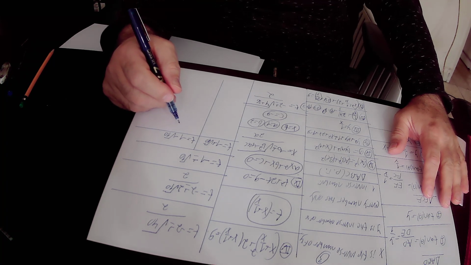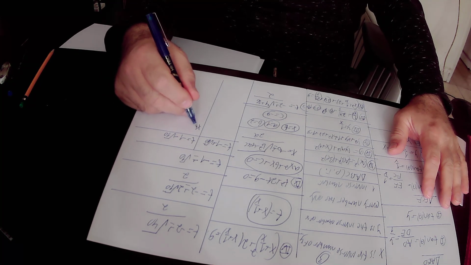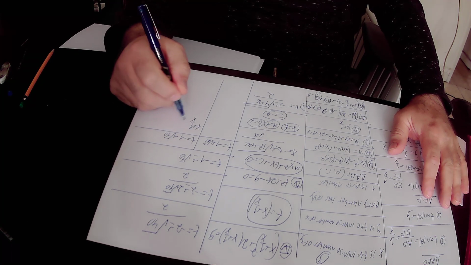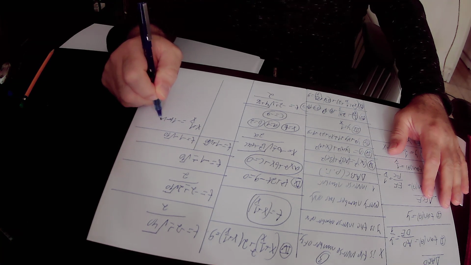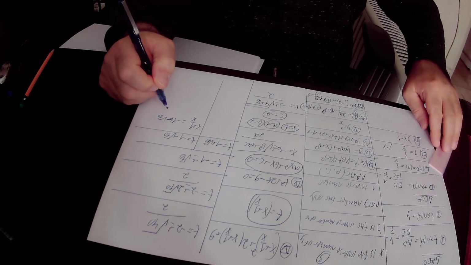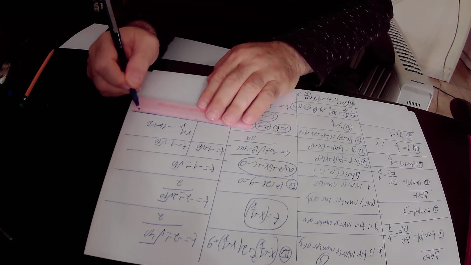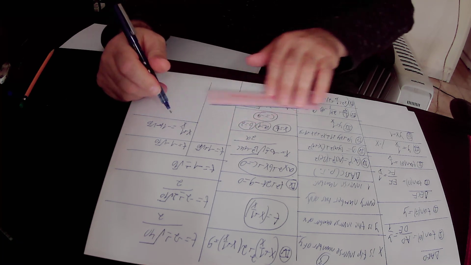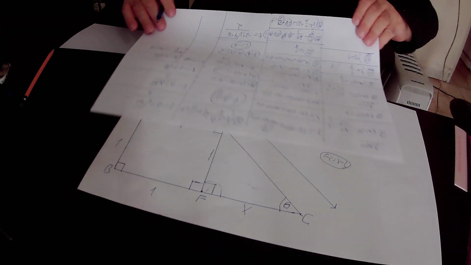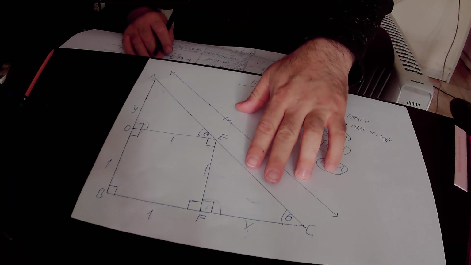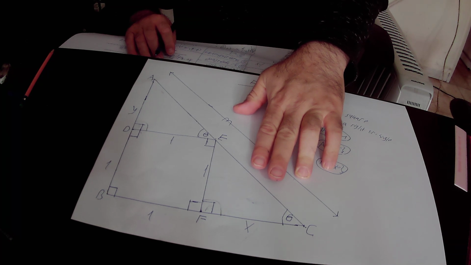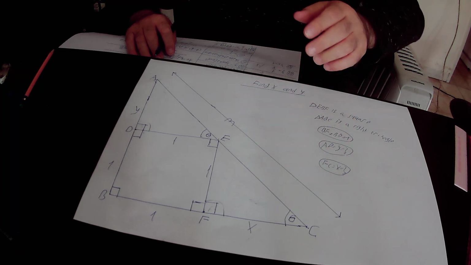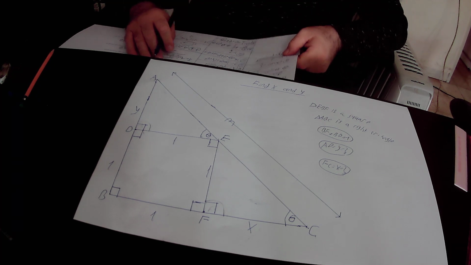T, according to our definition, is x plus 1 over x, and it equals minus 1 minus square root of 10. But from the domain you can see that x is the length of a triangle, therefore it must be a positive number.